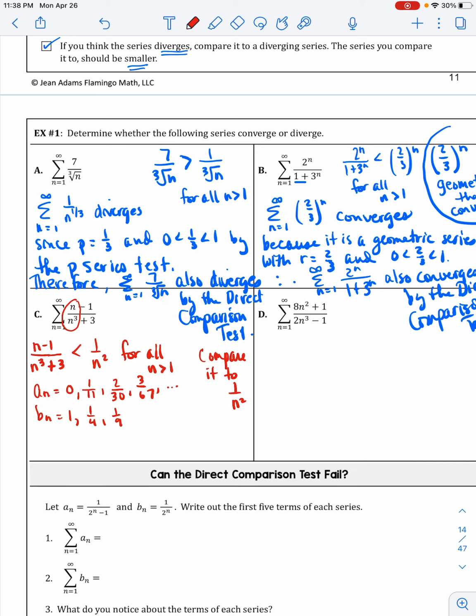And then let's look at b sub n. N equals 1 would be 1. N equals 2 would be 1/4. N equals 3 would be 1/9. N equals 4 would be 1/16. So you can see that your a sub n is less than your b sub n for all n greater than or equal to 1. I don't know why I didn't put equal to there, but anyway.